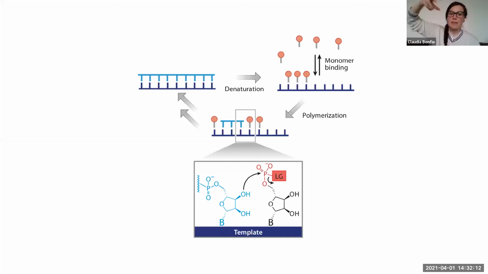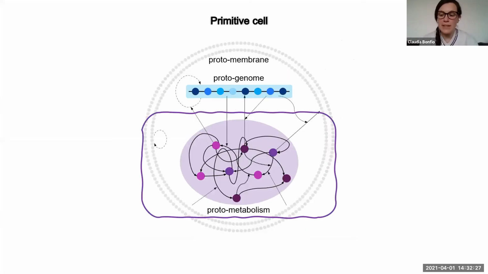And after you've made this double filament, what you need to think about is how you can keep cycling this so that you open the filament and you can build more so that you can replicate the DNA. If we just go briefly on the metabolism part, what we need to think about is, as Oliver was saying, these kind of systems are very complex.